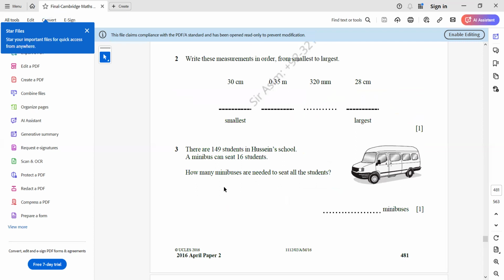Write these measurements in order from smallest to largest. The better way is to convert all the amounts into the same units so that we can compare them and then arrange them. Two of the amounts are in centimeters, so it would be better if we convert the remaining two into centimeters also.